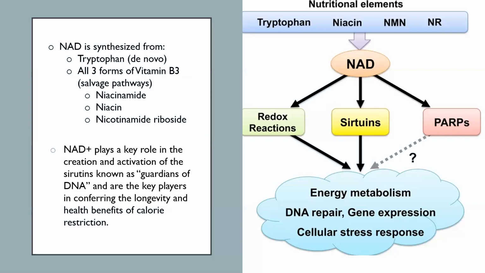The sirtuins are responsible for the longevity benefits that come from exercise and calorie restriction. You don't need to know all this in depth, but this gives you an idea of what NAD does in the body, how it's produced, and what it activates.